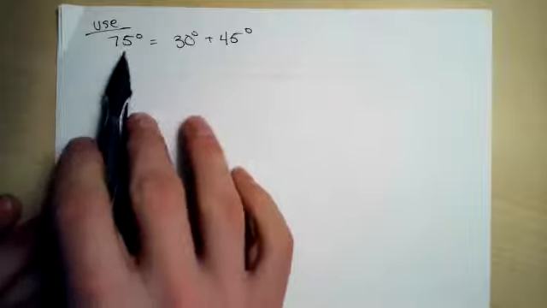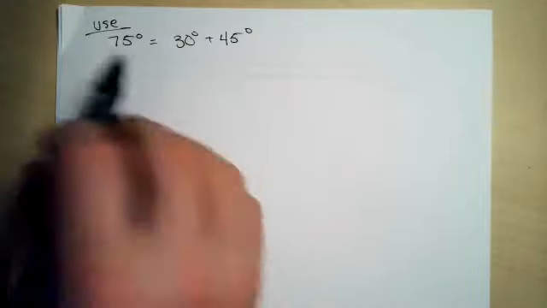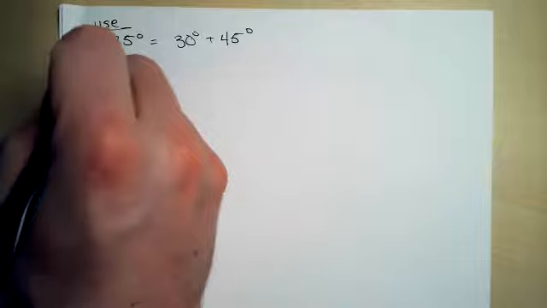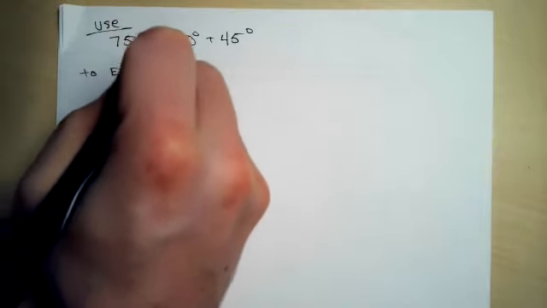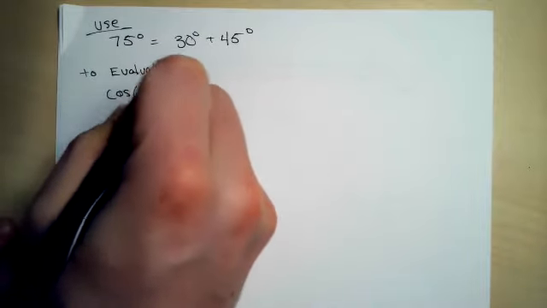Sometimes, especially on WebAssign, they might tell you how they want you to break it down as they walk you through some of those problems. So let's say use 75 degrees is 30 plus 45 to evaluate cosine of 75 degrees.